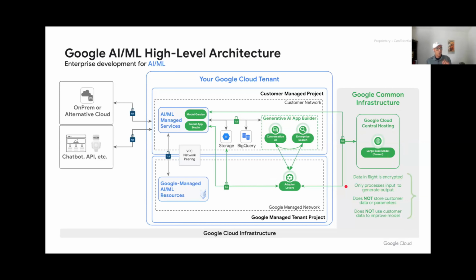It does not store customer data or parameters. It does not use customer data to improve the model. These are the critical things I want to call out. Your data stays within the Google Cloud tenant, and only the foundation models are accessed through the adapter layer to get the results for the request sent from the customer tenant.